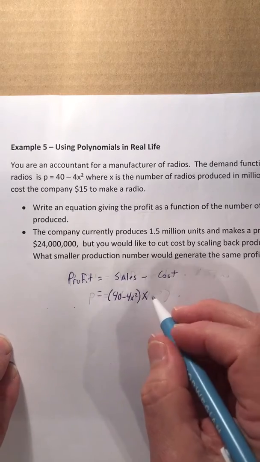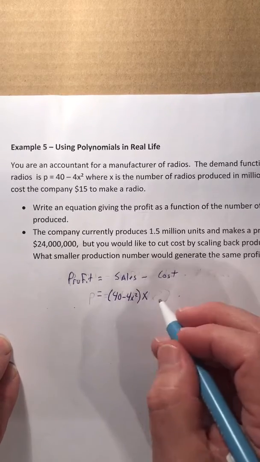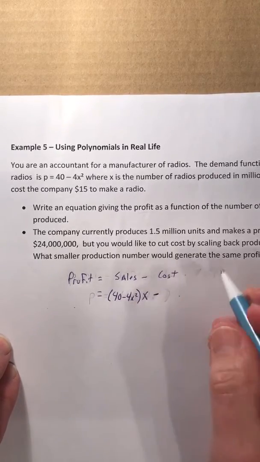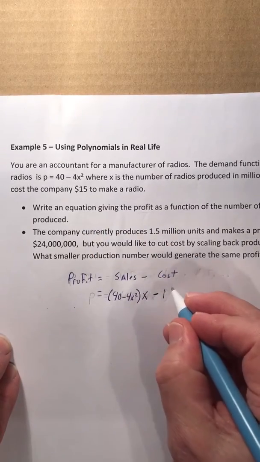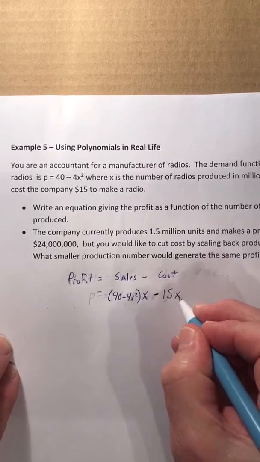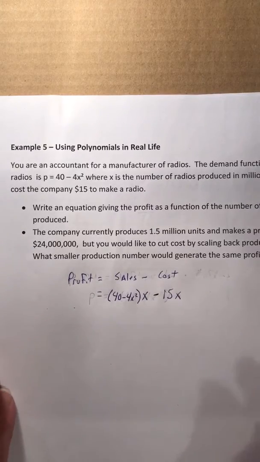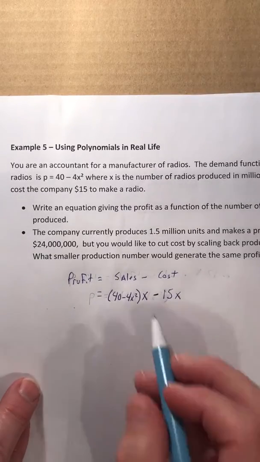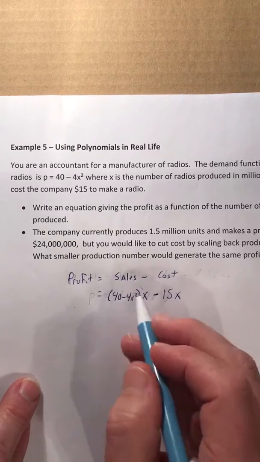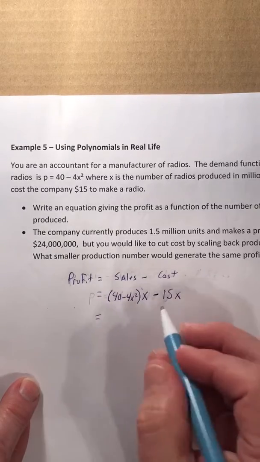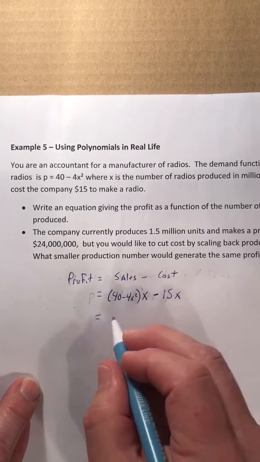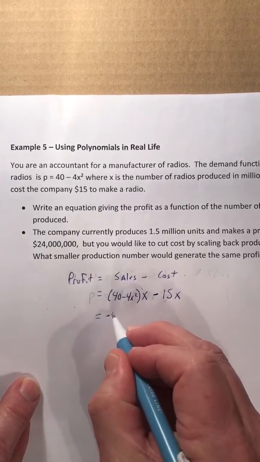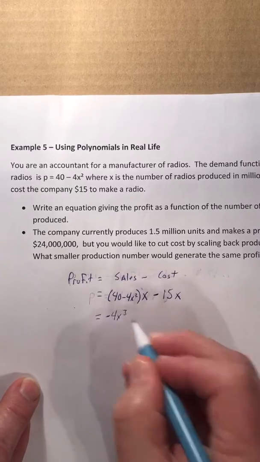All right, so that gives us our total money we're going to make minus how much it cost us, and it cost us $15 for each radio, so that's going to be 15 times x. All right, so that's our start of our formula, and then we just got to distribute this. When I distribute that, I'm going to start distributing to the x squared, so x times x squared gives me a negative 4x cubed.